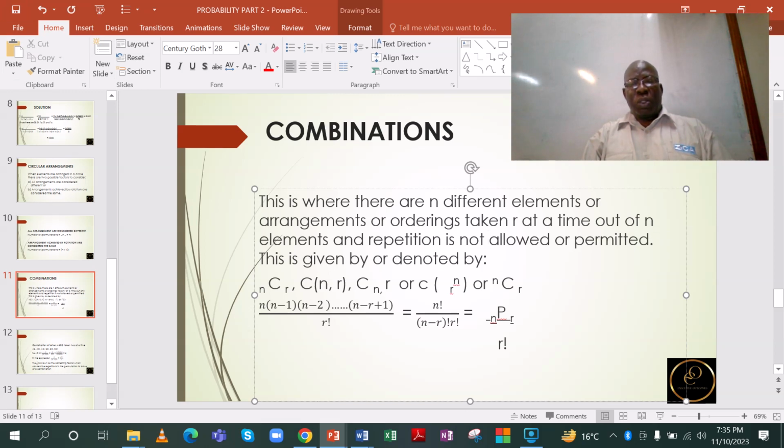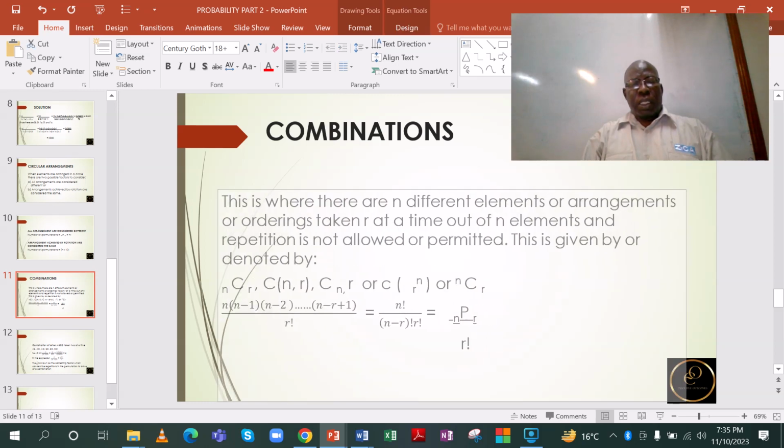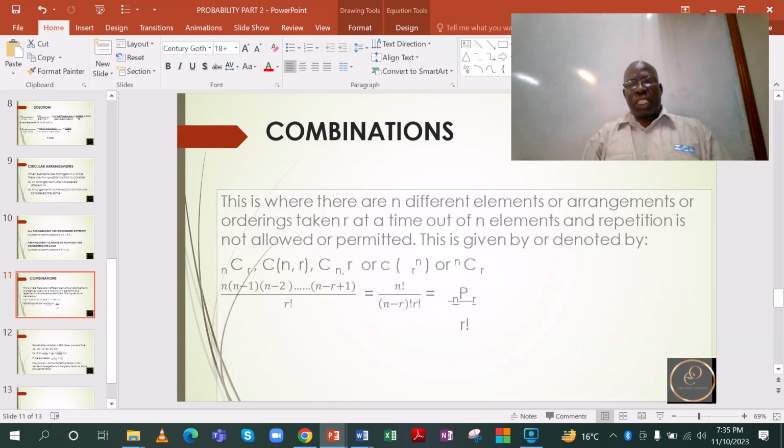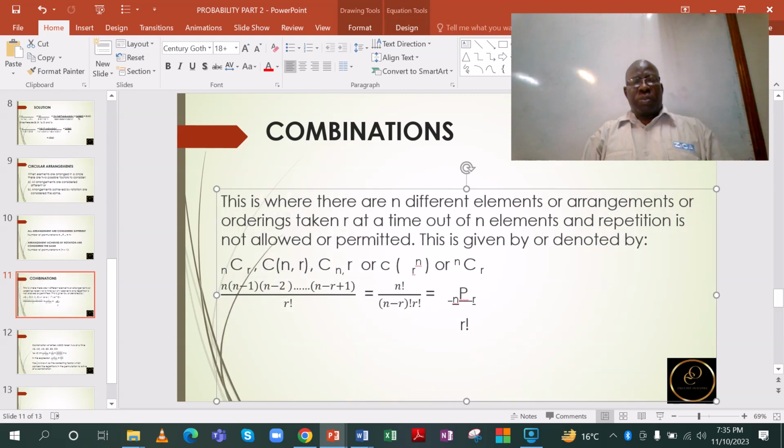So what we do is we look at the arrangements. How are the arrangements in this particular case? First of all, combinations are denoted by this particular formula or symbols, like permutation: we have n, then capital letter C, then r. So that's how you put it.